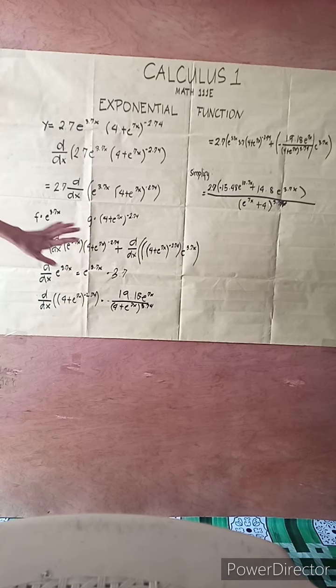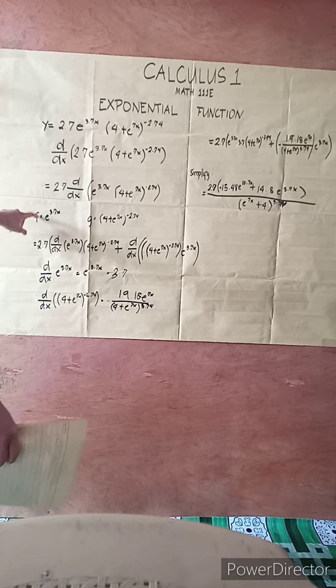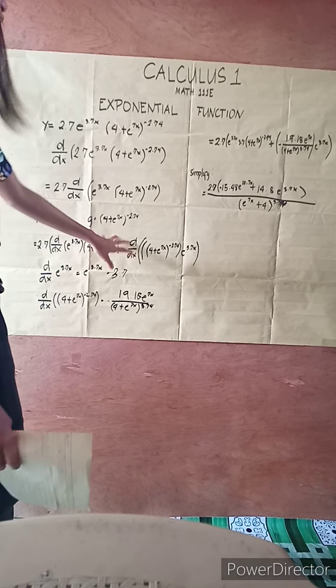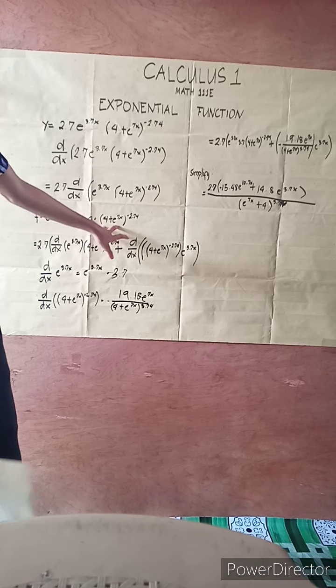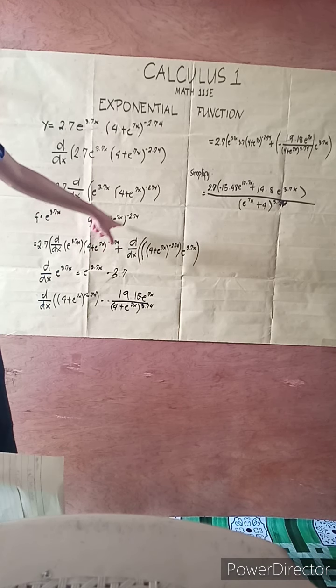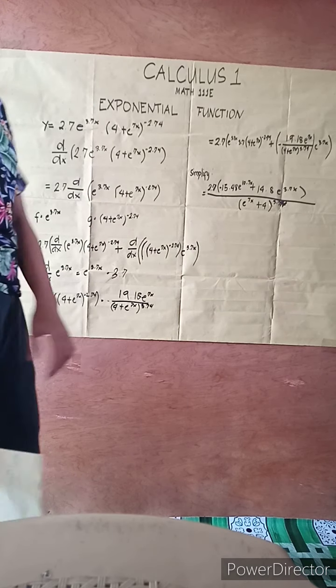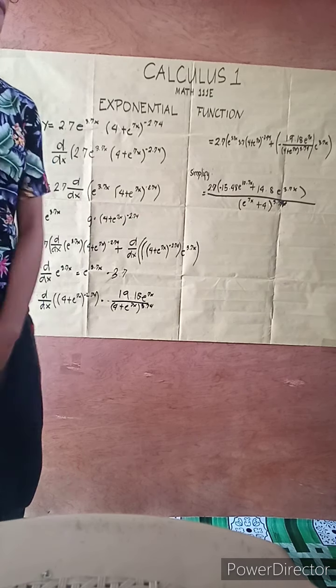So, apply the product rule. F is equal to e raised to the power of 3.7x. Then our g is (4 plus e raised to the power of 7x) raised to the power of negative 2.74.